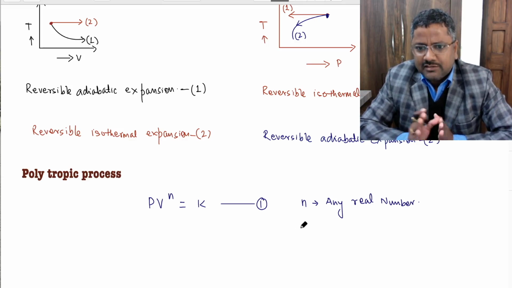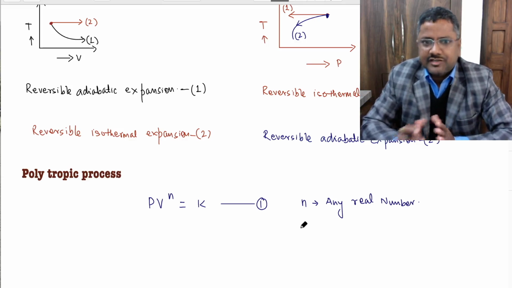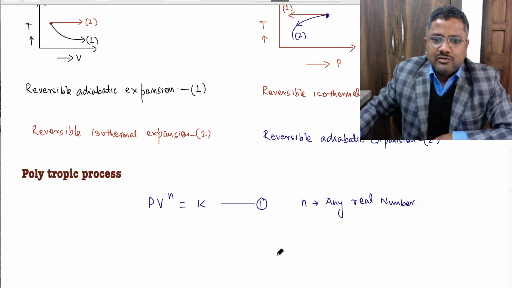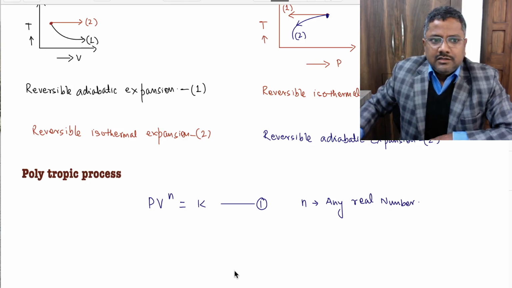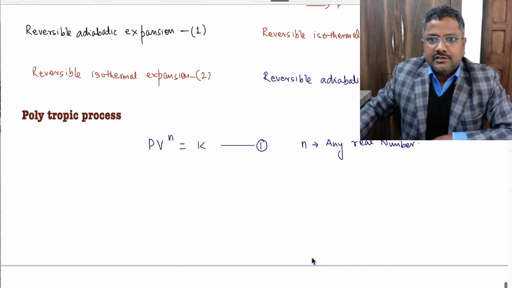Any number, but I'm taking some discrete values here. So in the polytropic process, PV to the power n is equal to constant. n is a real number.